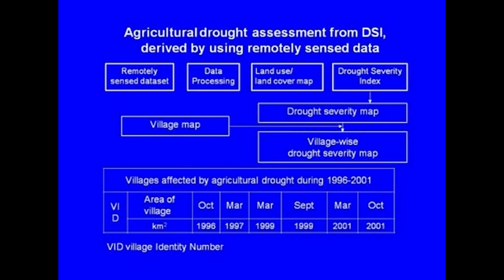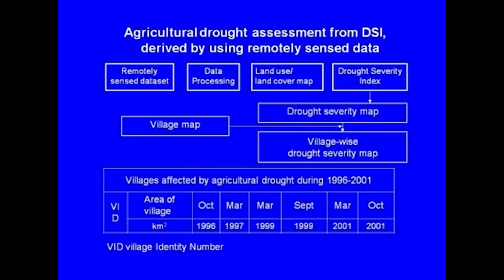For this, the remote sensing data would be subjected to various data processing techniques, so that land use land cover maps can be generated, and based on the land use land cover map, the drought severity index can be found out. Having found out the drought severity map and overlaying this information over the village map in a GIS environment, it is then possible to identify a village-wise drought severity map.